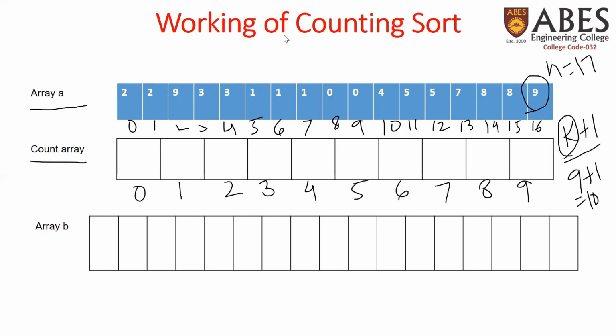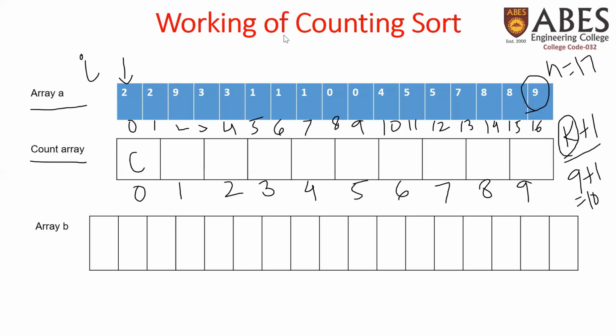Now you need to count each and every key element, how many times it occurs. What is the meaning of this? You need to start a loop from 0 to n, access each number and update the value of the count array accordingly.